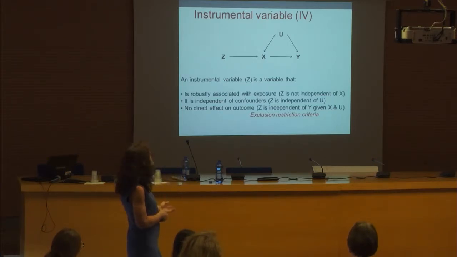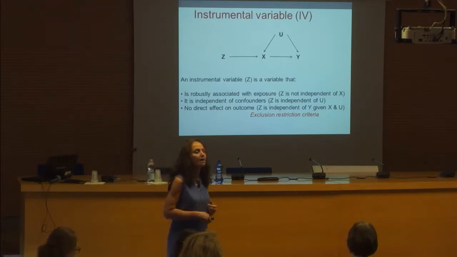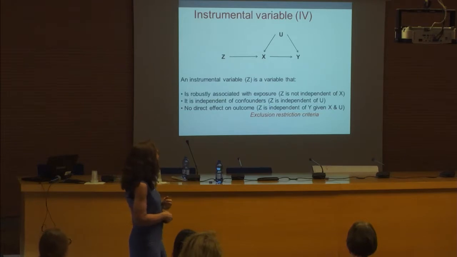So now I haven't put anything in here other than Z is the notation we're using for instrumental variable. That could be randomization to a blood pressure lowering treatment. It could be genetic variants that are related to blood pressure. It could be a whole host of other things that have been used as instrumental variables. It has to be related to X, the risk factor that you're interested in.